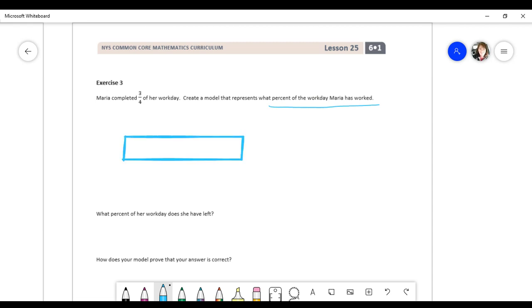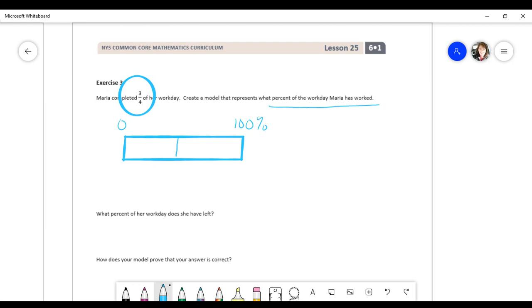Beautiful, right? And it says here is 3/4 of her workday. Well, her whole workday would be 100%, right? And here would be our 0. Well, she didn't work 100%, but she did work 3 out of the 4. So we need to cut this tape diagram into 4 pieces.